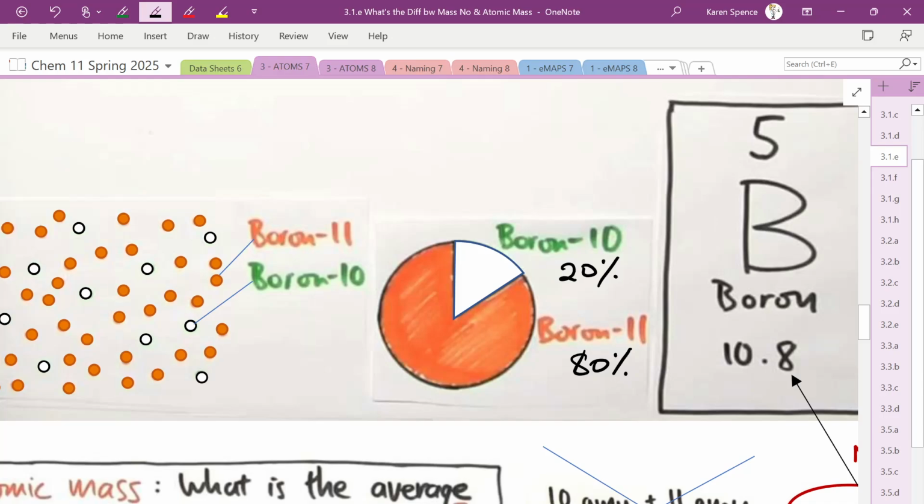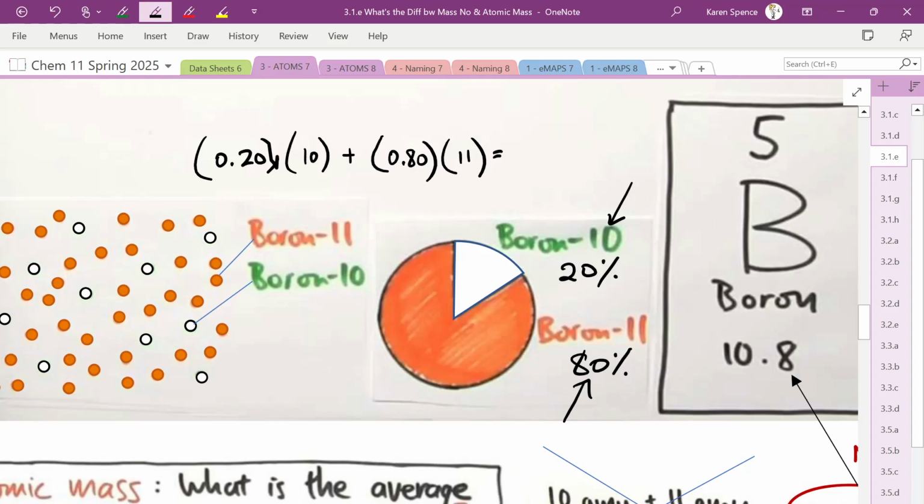So in order to find the average atomic mass, what we would do is we would say, I'm going to take 0.20 times 10 plus 0.80 times 11.